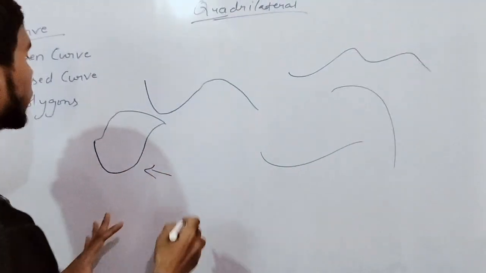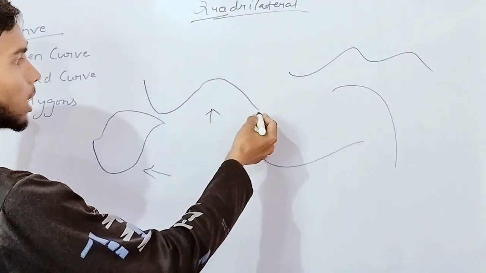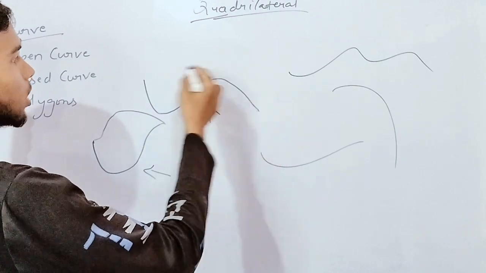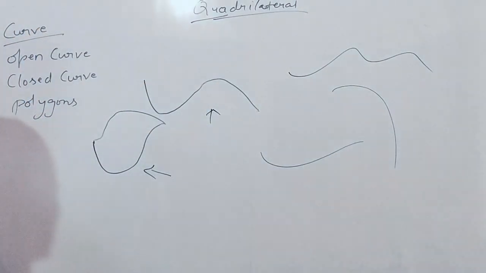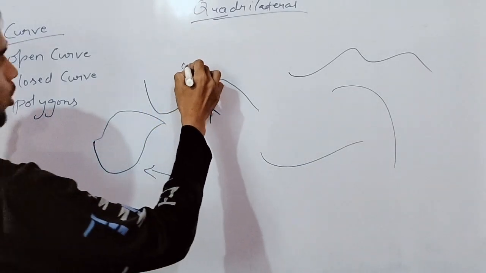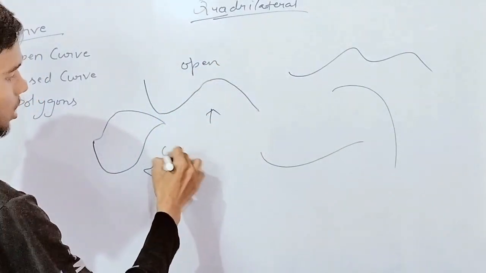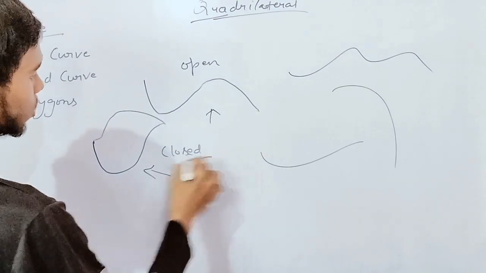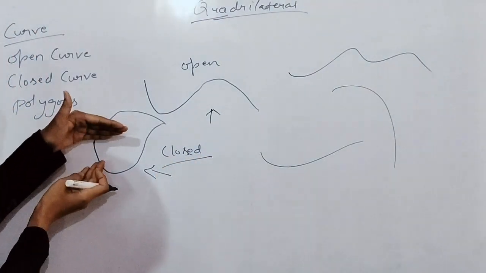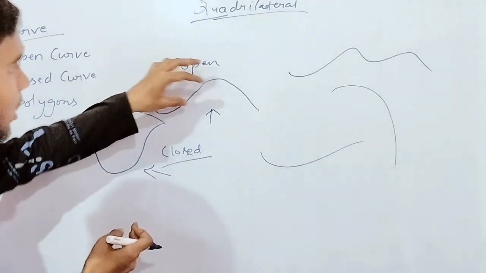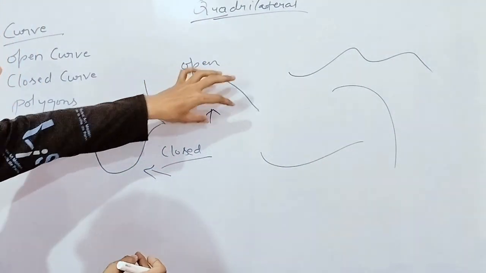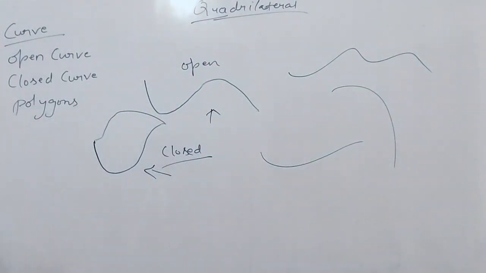But in an open curve, the last point will not come on the initial point. So this is an open curve, and this is a closed curve. Here there is no area open. Here the area is not open.